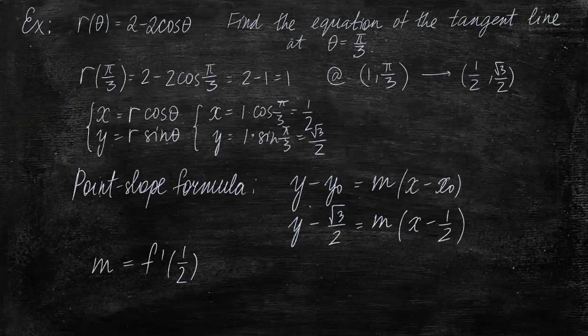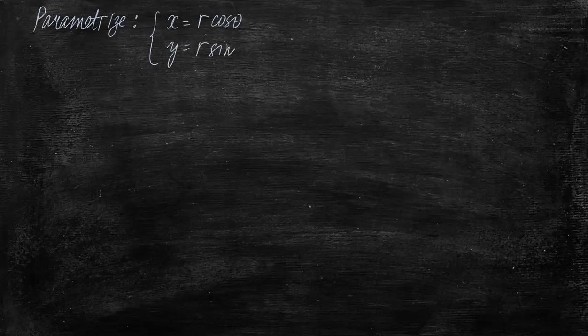Now, to answer this question, we're going to use the parameterization of the original curve. So first, let's parameterize it. To parameterize it, we're going to use the formula that x is equal to r cosine theta and y is equal to r sine theta. But instead of using it to convert the point, we're going to use it to convert the entire equation.